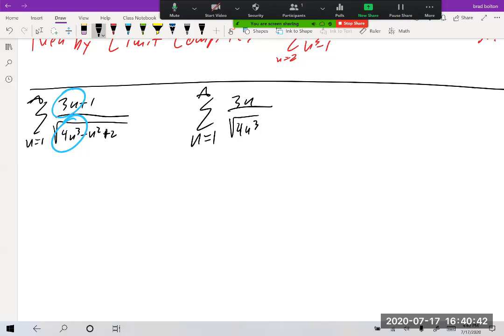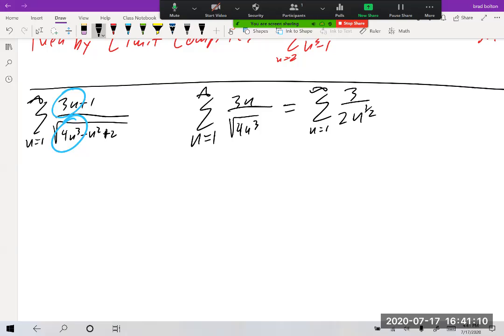When we clean this up, this is actually 3 over 2n to the 1/2, I believe. If I do the algebra on that, the square root of 4n cubed is really 2 times n to the 3/2, and n on top, so there'll be n to the 1/2 left behind. So that's where I got that from.